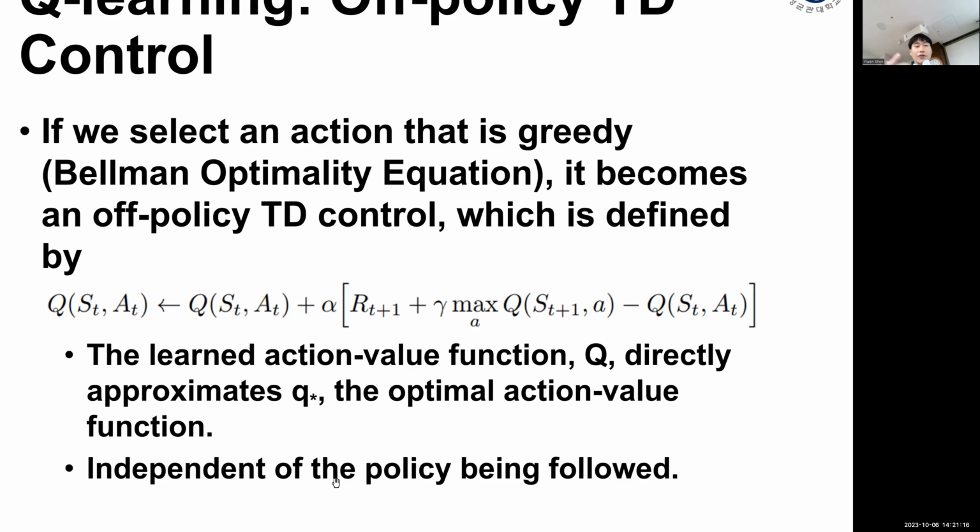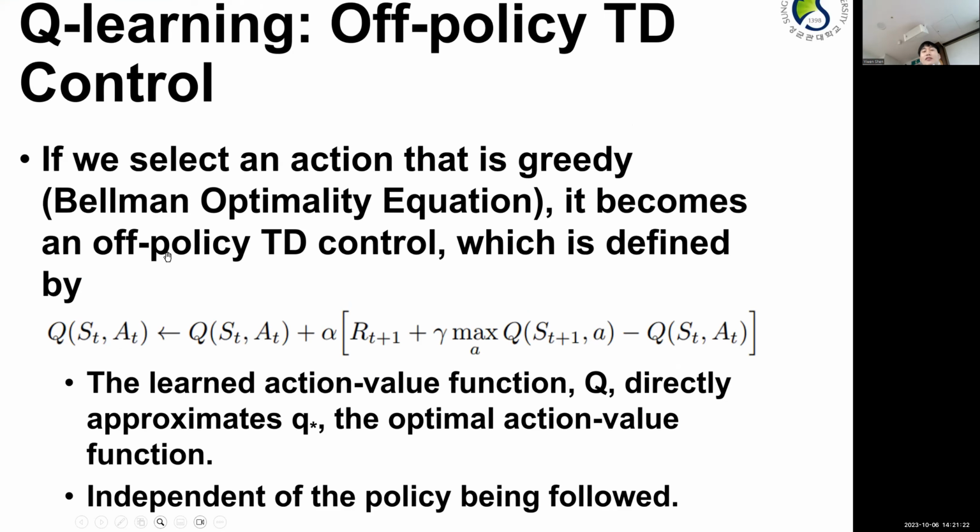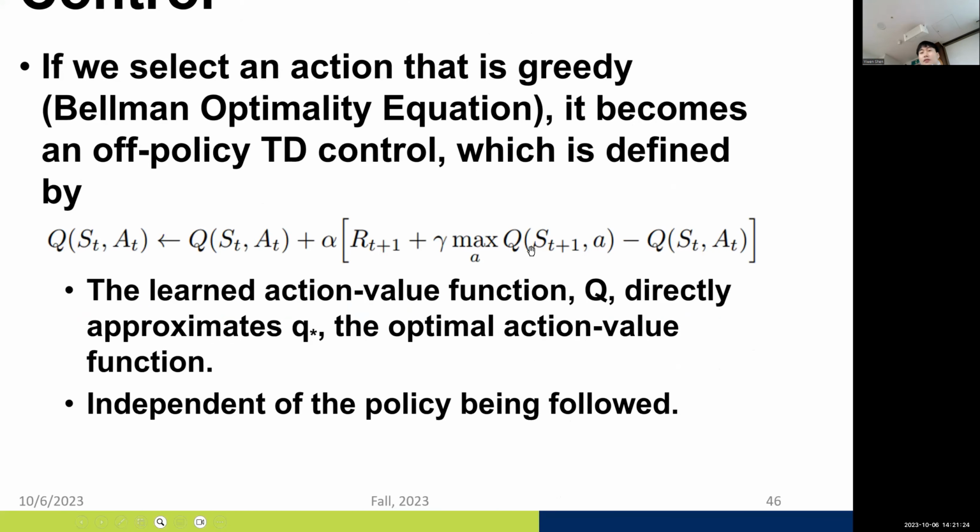Sometimes there's a question in the textbook that asks why Q-learning is off policy. That's the reason I'm explaining: the action we are taking is not from pi. The action we are taking is the greedy action from the next state.